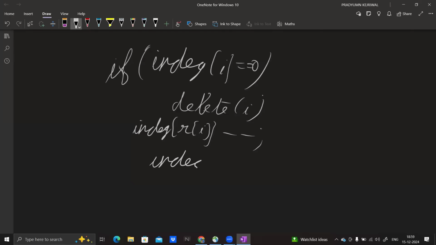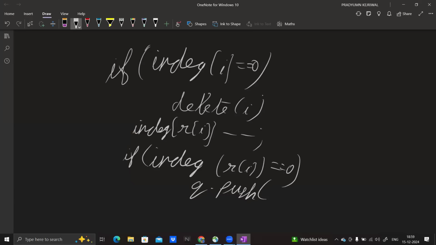If in degree of R of I equal to 0, then we'll push it into a queue. Q dot push R of I.